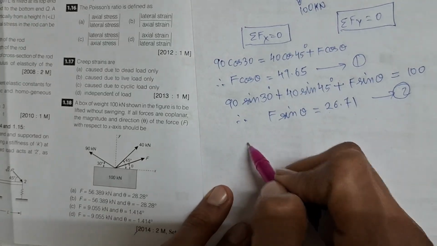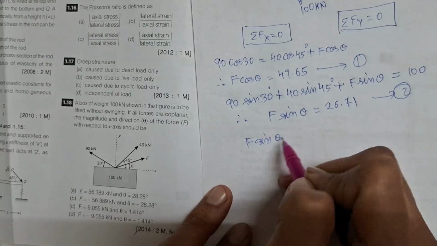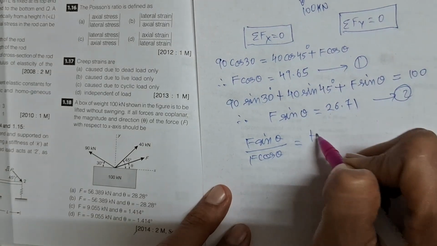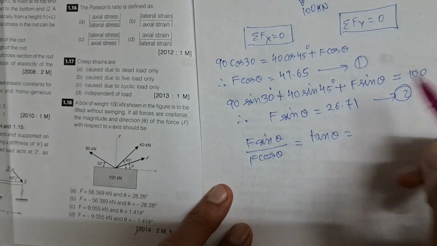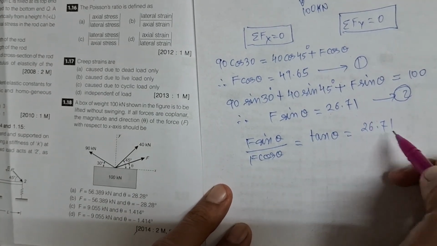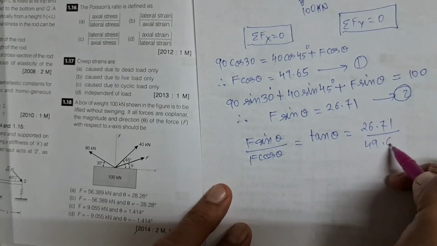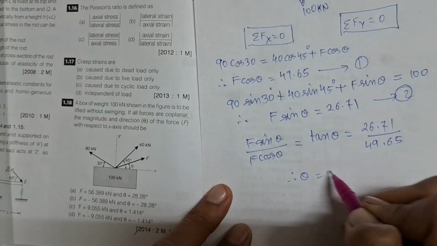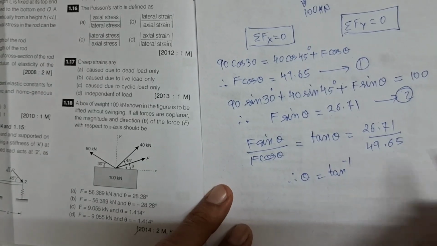So let us take the ratio F sin theta upon F cos theta. I know it is tan theta. So 26.71 divided by 49.65, and theta is equal to tan inverse of this.